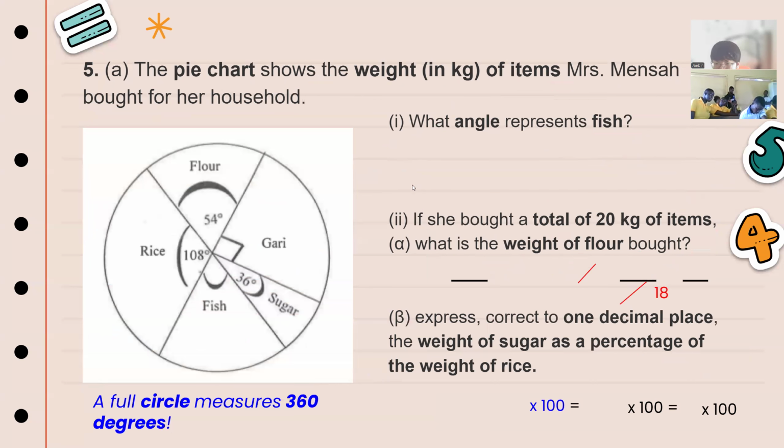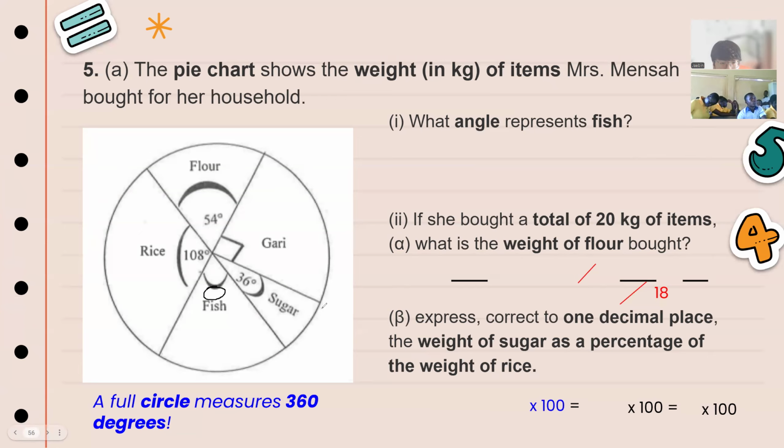Okay. So this one's a little bit easier. The pie chart on the left shows the weight in kilograms of items Mrs. Mensah bought for her household. It says, what angle represents the fish?